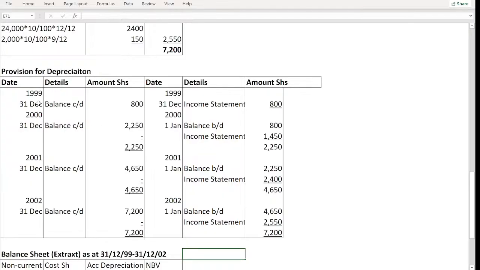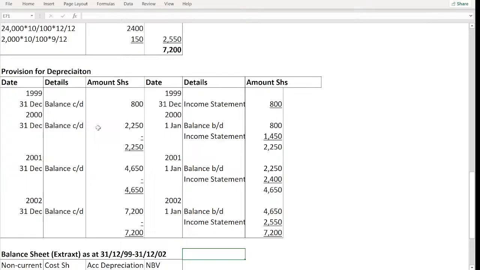So in 1999, the balance carried down is 800, as we have seen from accumulated depreciation. So on 1st December, we debit that 800, and as well we credit the income statement 800.